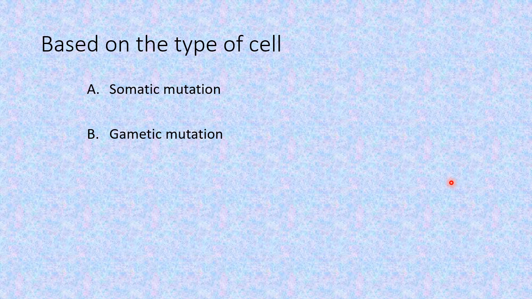They are the seed for the formation of the organism of the next generation. So whether in somatic cells or in germ cells, based on that, these mutations may be somatic mutation or gametic mutation. So these were the different types of mutations on the basis of various criteria.